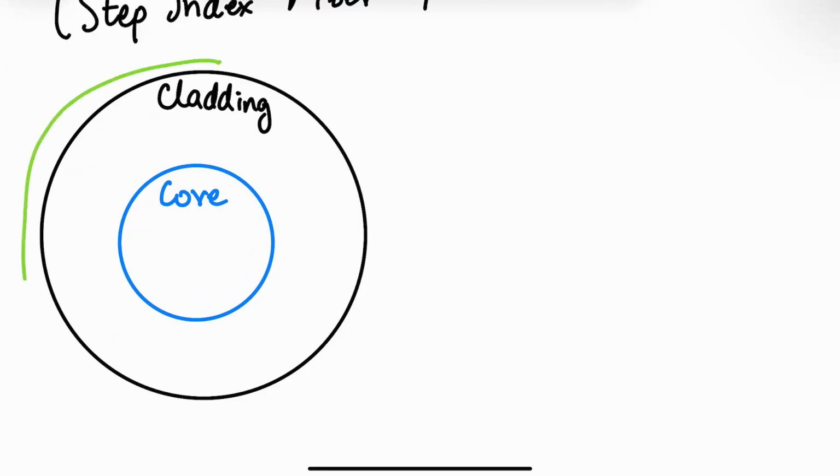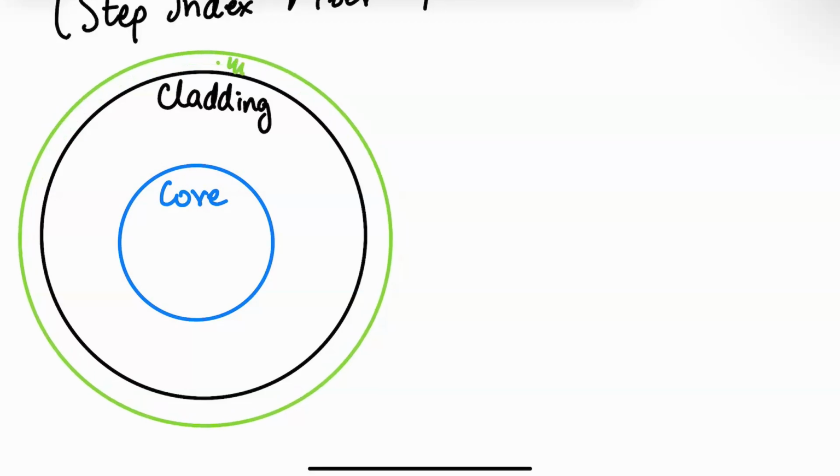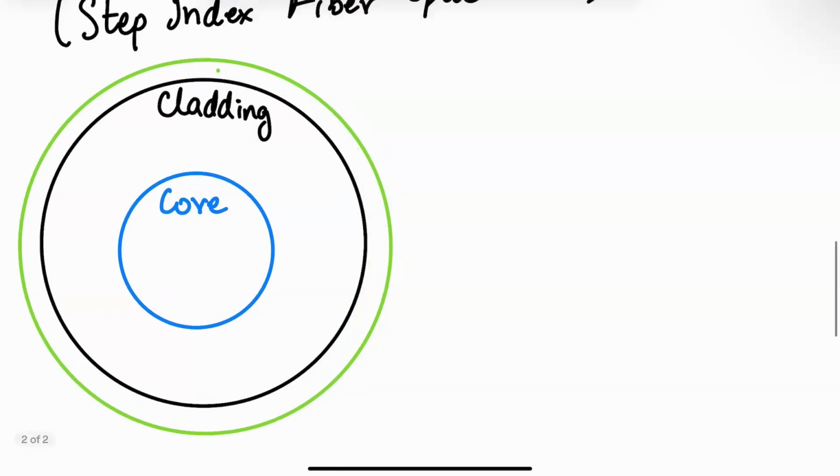So let me draw that. This is a protective jacket that's usually used. I'll call this the jacket, and then this is your cable. The actual cable extends along its length; this is just the cross section.